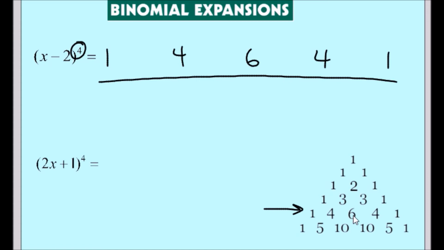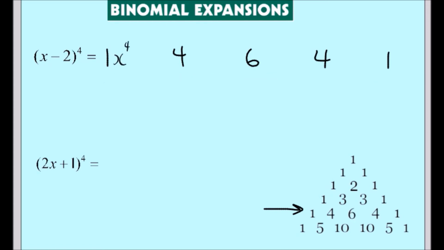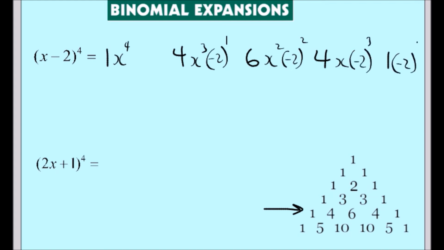There's always one more term in the expanded form than the power. So now each term has an x, beginning at power 4, then power 3, 2, 1, and finally power 0. At the same time, negative 2 begins at power 0, then power 1, power 2, power 3, and power 4. Put plus symbols in between.